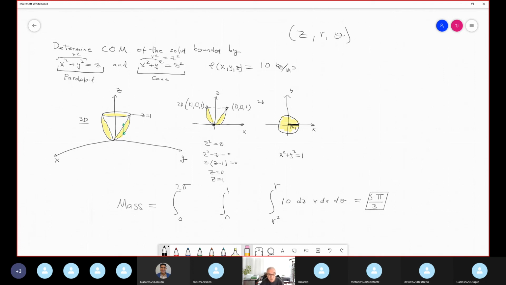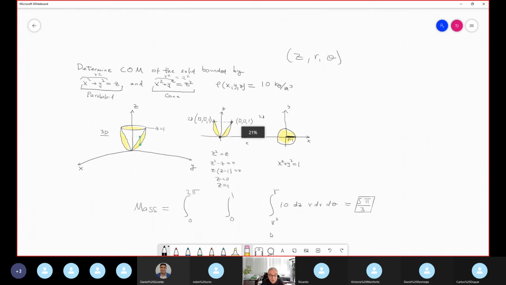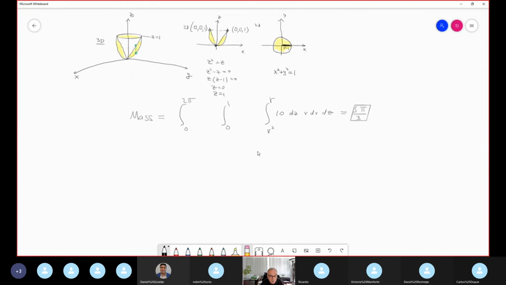In order to find momentum, in this case 3D, the momentum is momentum xy, and the formula is the same. But you're using z. So momentum xy is triple integral in the region T, but here we're using z times density dV.